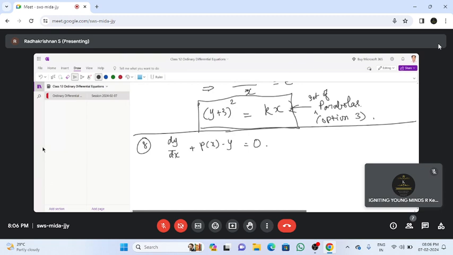So there is an integration function defined for this type of equations.